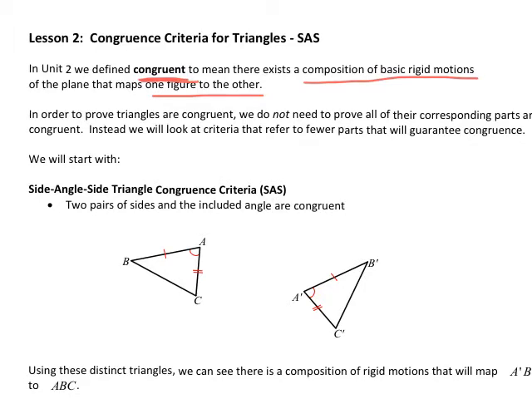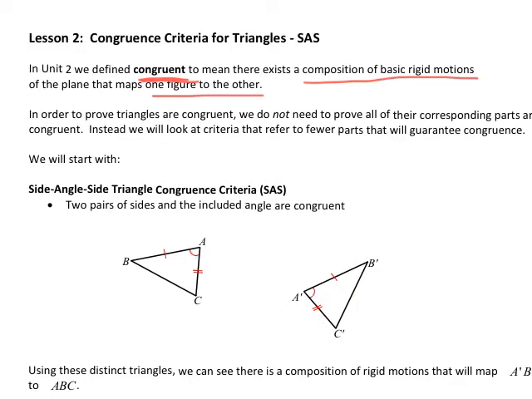It states this: if 2 pairs of sides and the included angle are congruent, then the triangles are going to be congruent. So if I have these markings here, I have triangle ABC and A prime, B prime, C prime. You can see I have 1 pair of sides, 2 pairs of sides, and the angle in between the two.